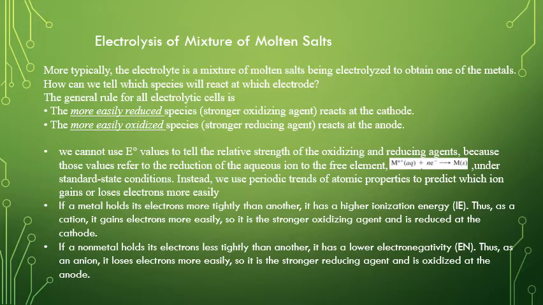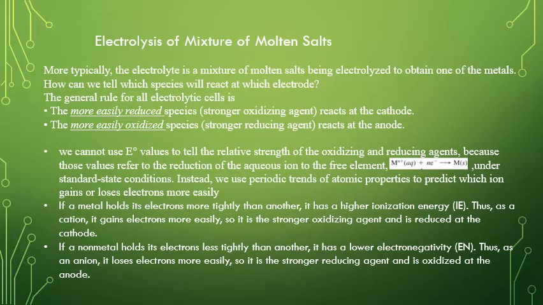So in the situation where we do not have the aqueous ions taking place, when we're looking at the metals, we want to look at their ionization energies, and whichever electron is going to be held more tightly is going to have the higher ionization energy.